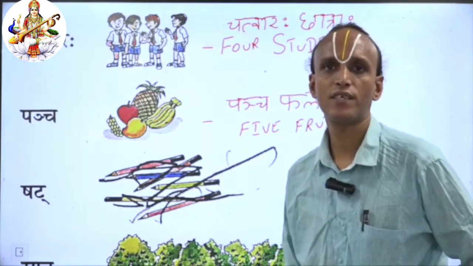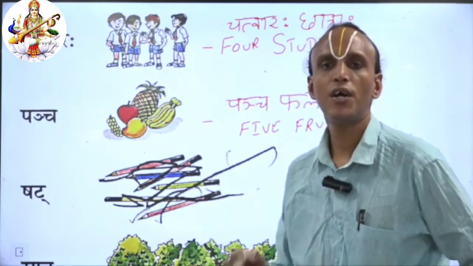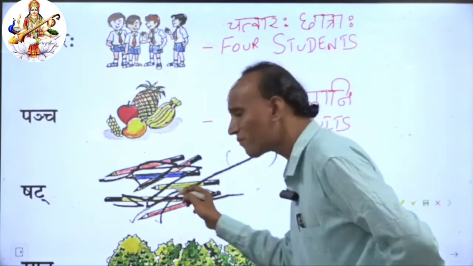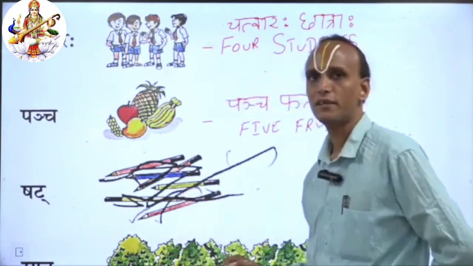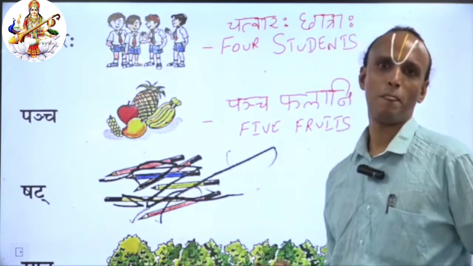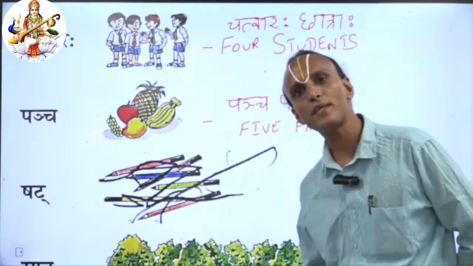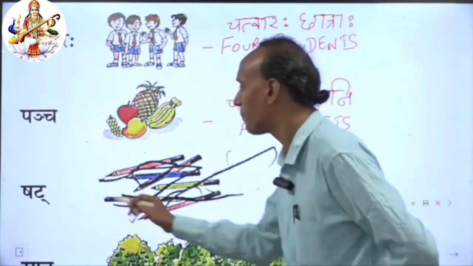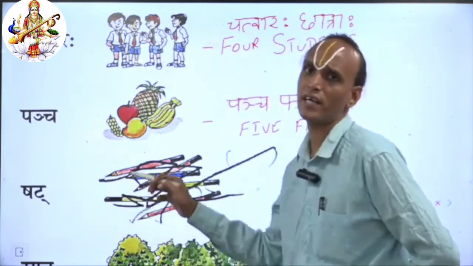You have to say like this, shat. Shat means what? 6. Okay. What is the picture given here? Pencils. For pencil in Sanskrit, what do we say? Lekhani. So, shat lekhanyaha.